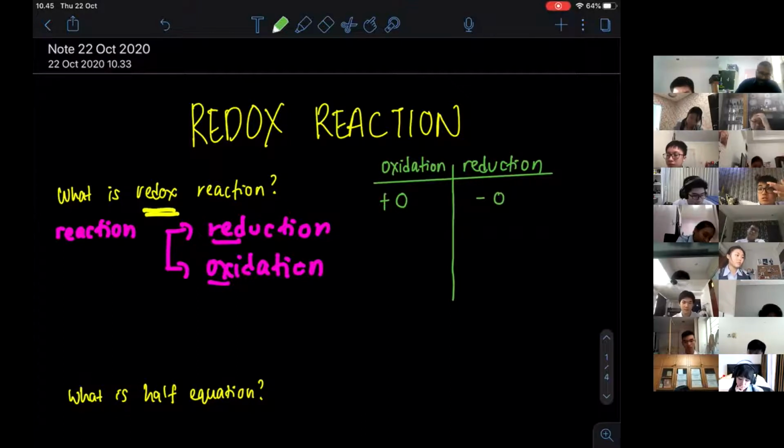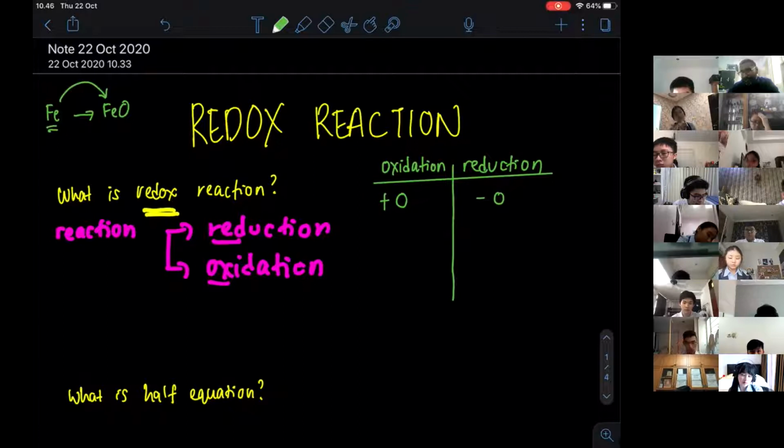Example, if I have Fe changing into FeO, I can say that Fe has been oxidized into FeO. Fe has received O, so it becomes FeO, iron oxide.